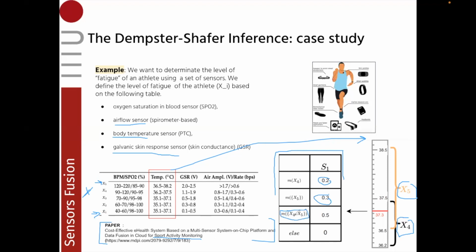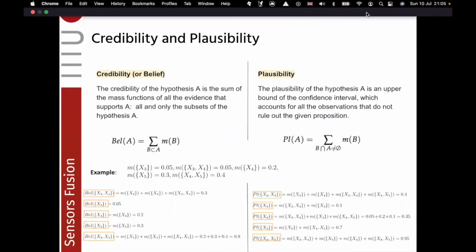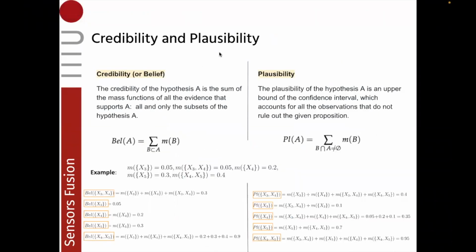So the mass function for the state being both X4 and X5 is 0.5, and of course it is 0 elsewhere. Given the mass function we defined in the slide before, we are now able to define two main metrics that will be used later to have the proper classification and the best estimation of the final state.